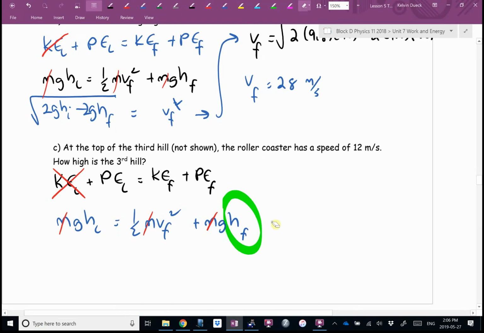Yes? Talk to me. What's going to drop down like a domino? Or better yet, what's going to drop down like a roller coaster going down a hill? gh initial. And then keep going? Yeah, I got that part, but I want to get the h by itself. So now what?